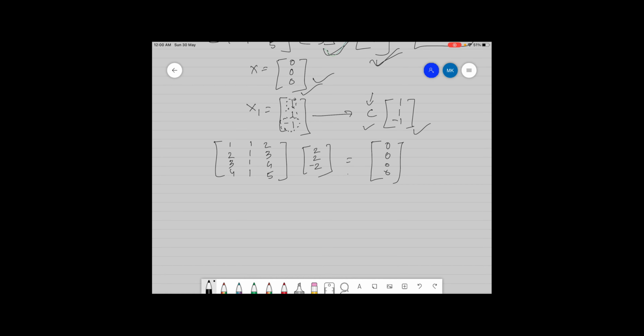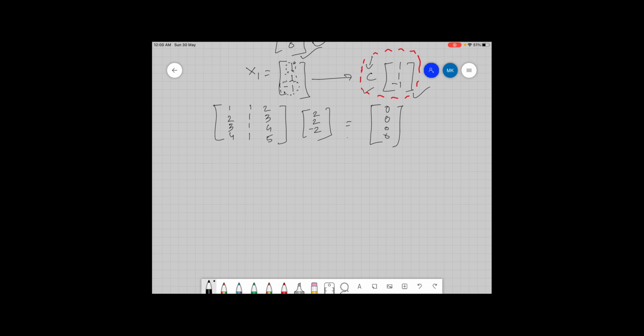So can I call this a subspace? Let's draw it down. So this is R3, and the vector is 1 1 negative 1. Let's say this is x, this is y, this is z.